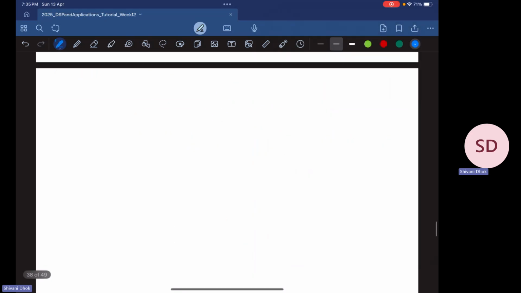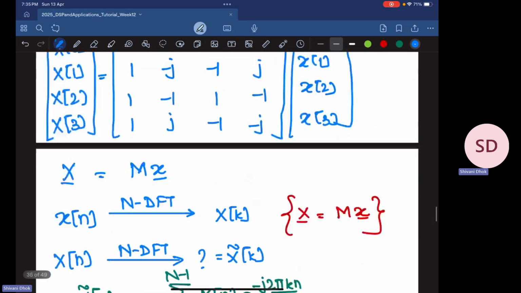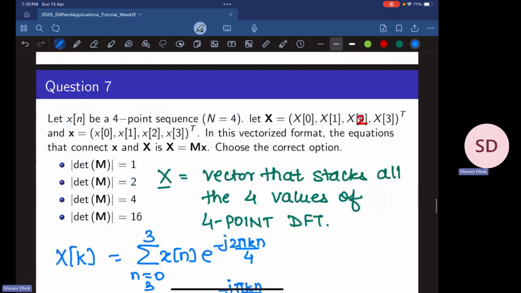For our case, n is equal to 4, which means that the determinant of m in magnitude is equal to 4 to the power 4 by 2, that is 4 square, which comes out to be equal to 16. Is it clear? Any questions? So what we have as our final answer, the determinant of this m is equal to 16.